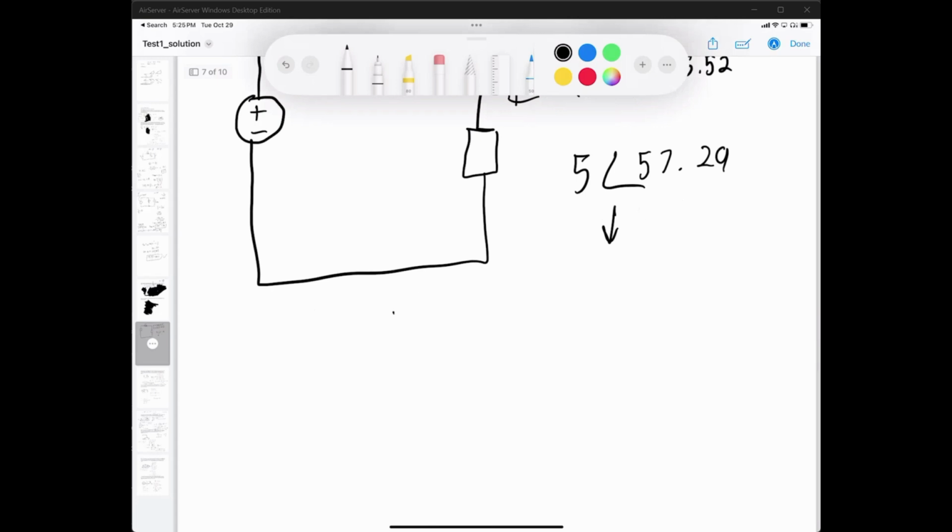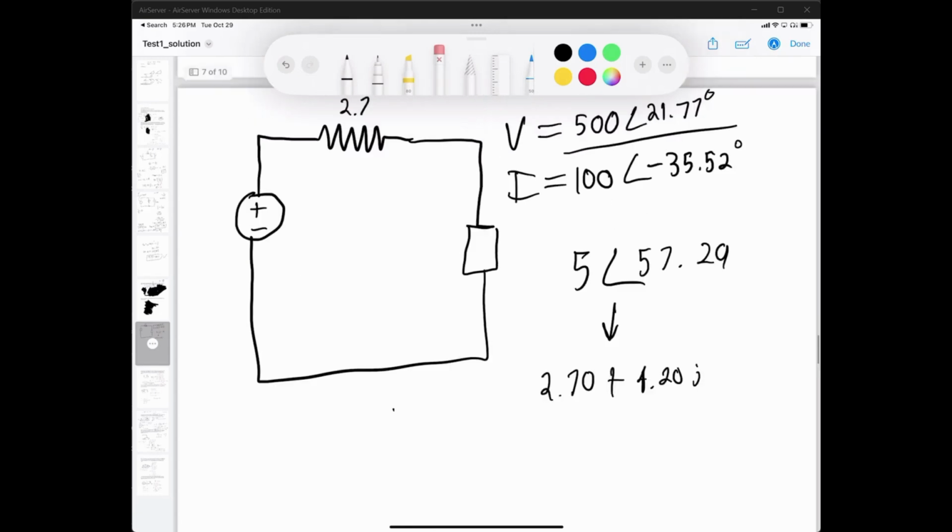So 5 times the cosine of 57.29, we get 2.70. And then the sine of 57.29 times 5 gives plus 4.20j. And that matches our answer.